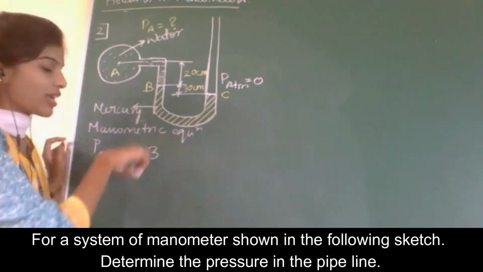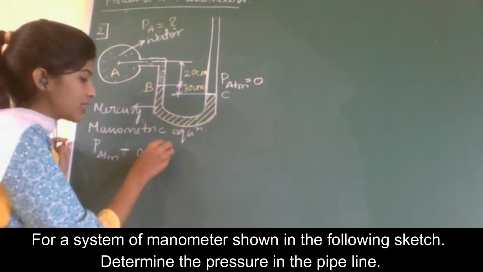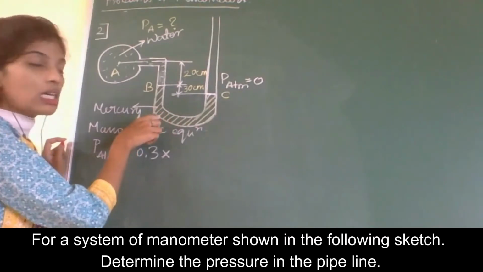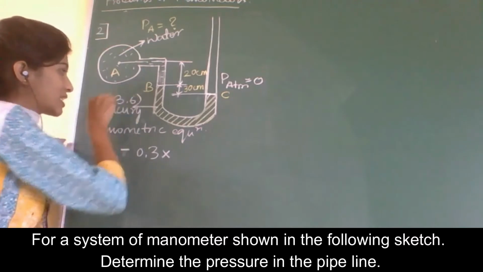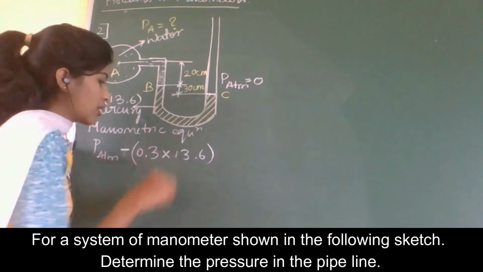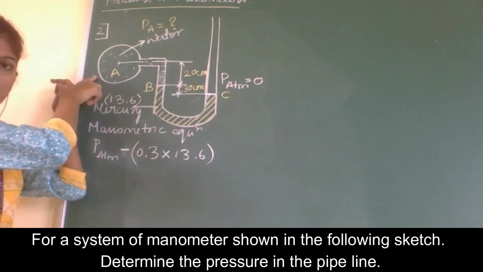We have converted 30 centimeter into meters. So that is 0.3 meters into the specific gravity. They have mentioned mercury, so the mercury specific gravity is 13.6.